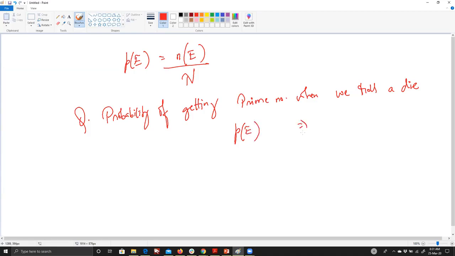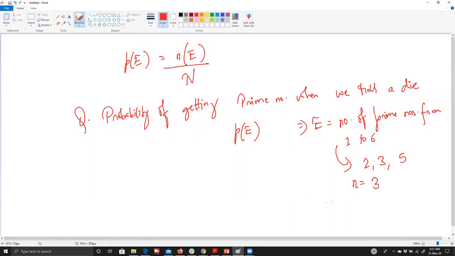First I have to define E as the prime numbers from 1 to 6. Which are these numbers? 2, 3, 5. Good. So the number of favourable outcomes is 3, and the total N, capital N, is 6. So the probability of event E is 3 by 6, that is 1/2.